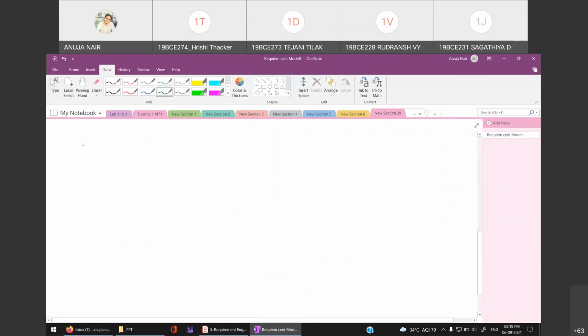FR is your functional requirement. Now this FR we had written in what kind of format? We had written it in natural language, the English language, in the SRS document. Now what you will do? You will be converting these FRs, that is your functional requirements, into system models.